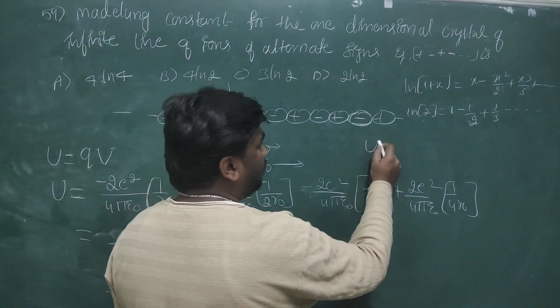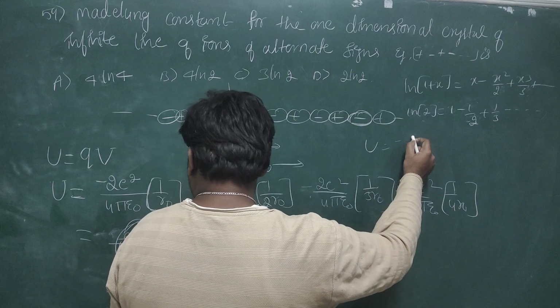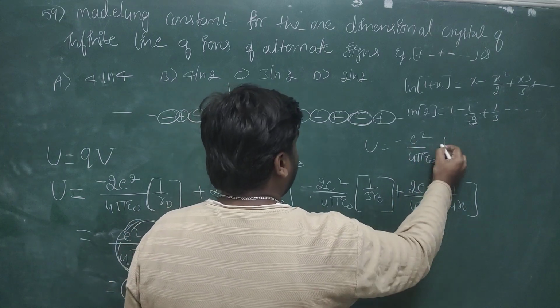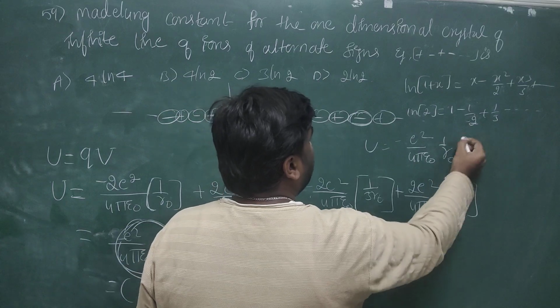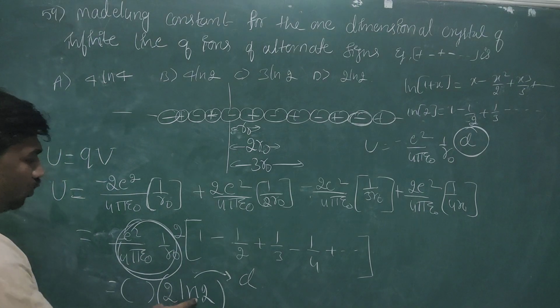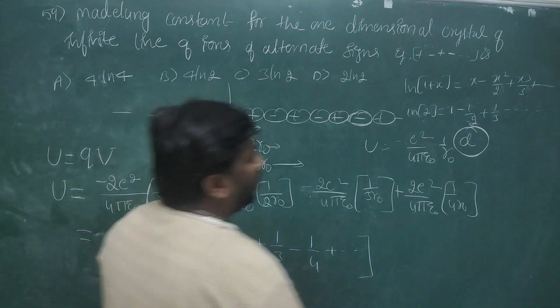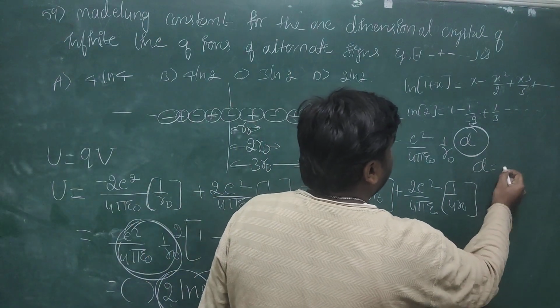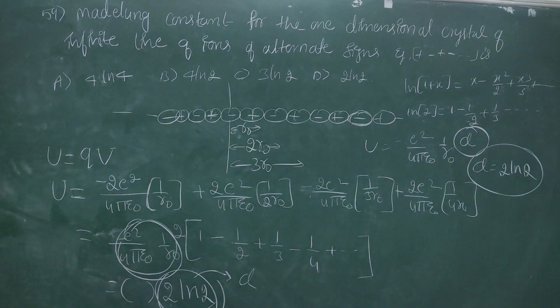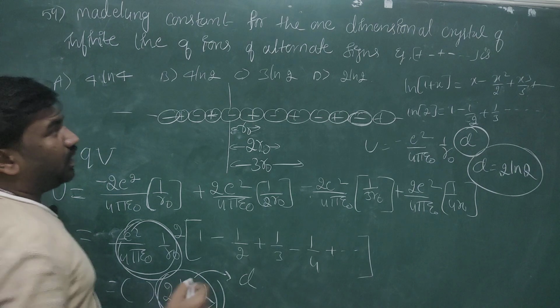Therefore, energy U is equal to minus e square divided by 4 pi epsilon naught into 1 by r naught into alpha. That alpha is the Madelung constant, and that alpha is 2 ln 2. So option D is correct.